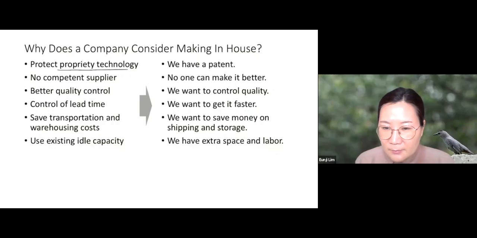So how can this company make a profit from this patent? If it produces the new drug in-house, there's no one else who can produce the same drug, so there is a monopoly. The company can price it as high as possible. So that's one way to make a profit.